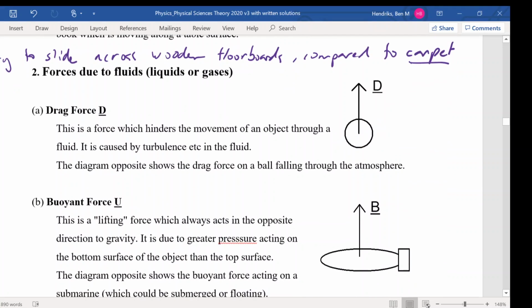Drag force here. You would have experienced drag force if you've ever run against the wind. You experience a higher drag force the faster you're running, or if you're riding a push bike faster, there'll be a higher drag force than if you were riding slowly.